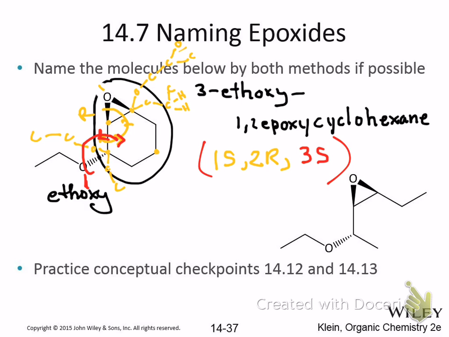We have 3-ethoxy before 1,2-epoxy. For the nomenclature, do we go in alphabetical order? Yeah, I may have had to do that the other way, actually, because there's E and E and T. Yeah, but isn't 1,2-epoxycyclohexane the parent?